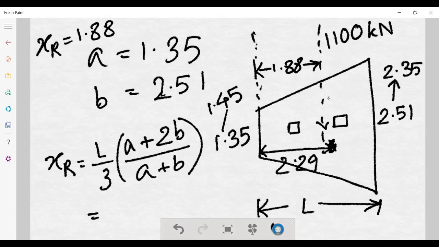Earlier it was at 2.29, and now you have to bring it from 2.29 to 1.88. So you need more area on the left so that it can bring the CZ a little bit to the left. Increase the length of A a little bit and decrease the length of B a little bit so that some more area shifts to the left, so that ultimately the resultant becomes nearer to the CG.